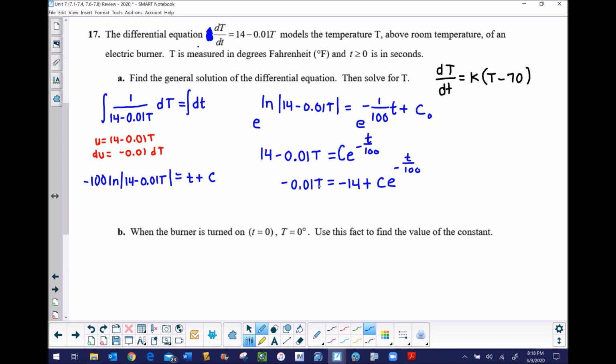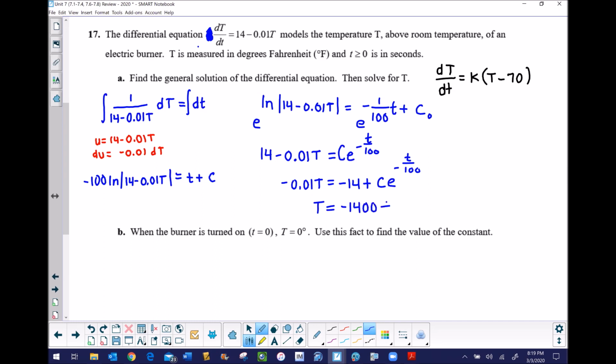And then to get rid of the 0.01, I could divide by 0.01, but dividing by 0.01 is the same as multiplying by 100. And I'll take the negative along with it. So if I multiply this left side by negative 100, I have t by itself. And if I multiply negative 14 by 100, I have negative 1400.